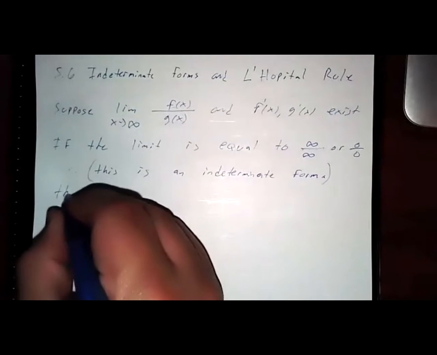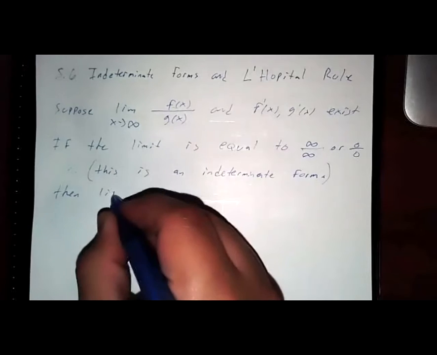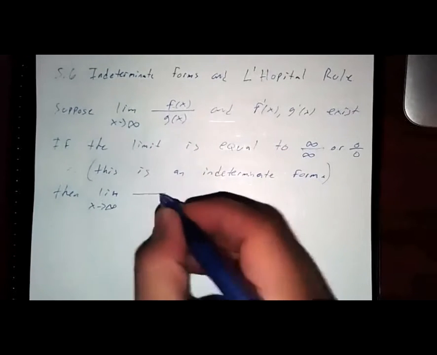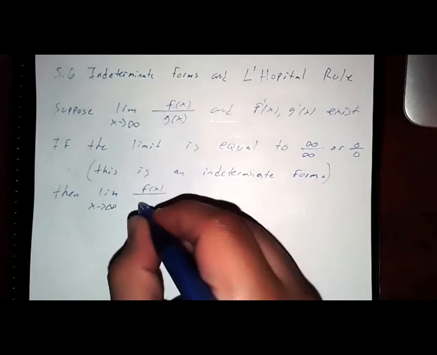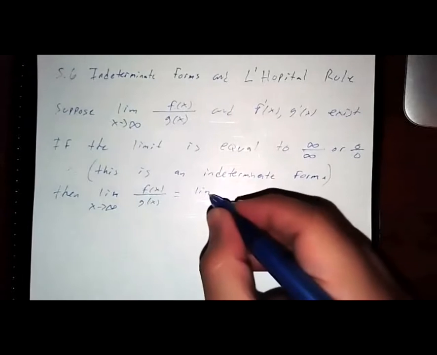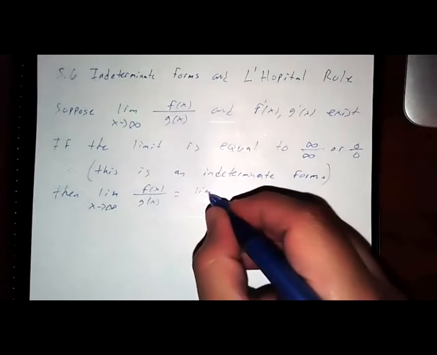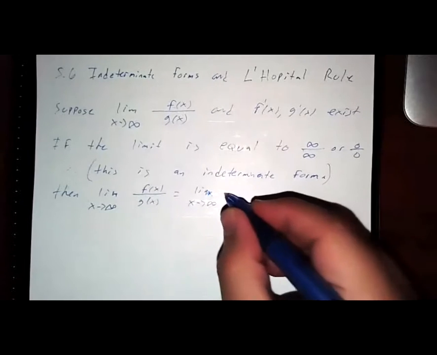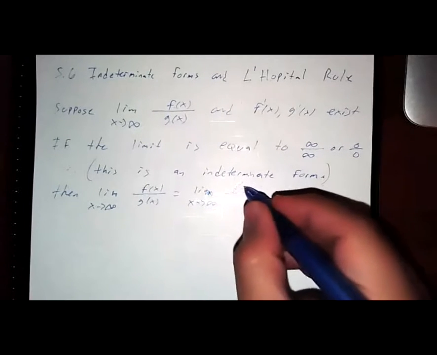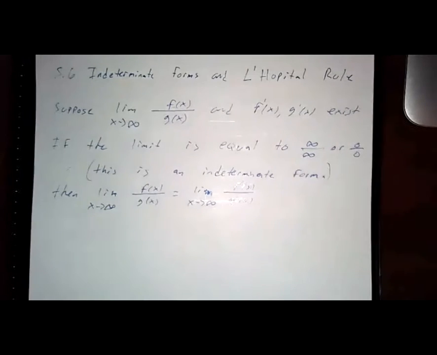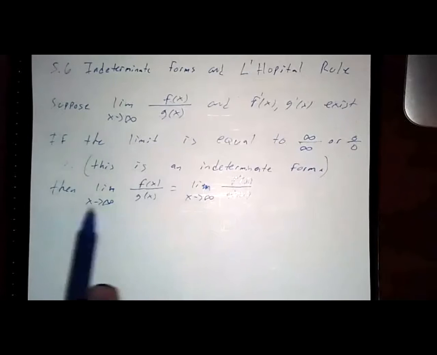So then, if that happens, you can do this. The limit as x approaches infinity of f over g will be equal to the limit as x approaches infinity of f prime x over g prime x. So this is basic. That is your L'Hopital's rule right here.